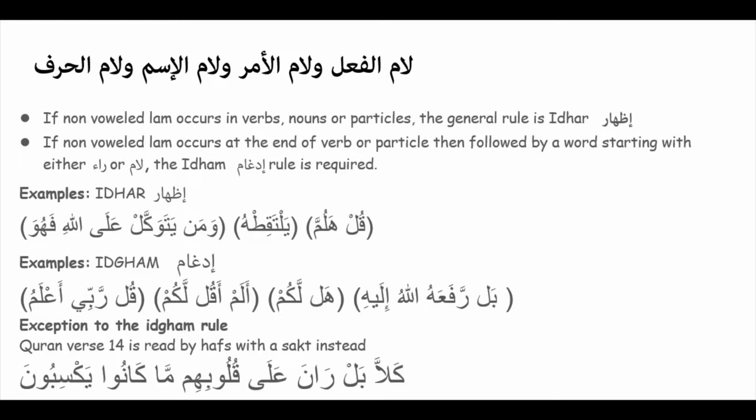As was clearly said, when lam sakina occurs in a verb or noun, and this is an imperative verb, the general rule is idhar. This is qul halumma. The kind of lam here is lamul amr, and its hukm is al-idhar.